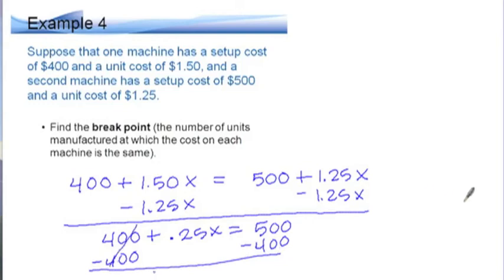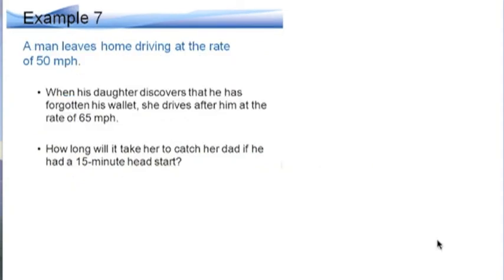And we have 0.25x equals 100. So if we divide both sides by 0.25, what does that give us? 400. So if we did this properly, manufacturing 400 items should cost me the same on both machines. And you should certainly plug back in and check that.